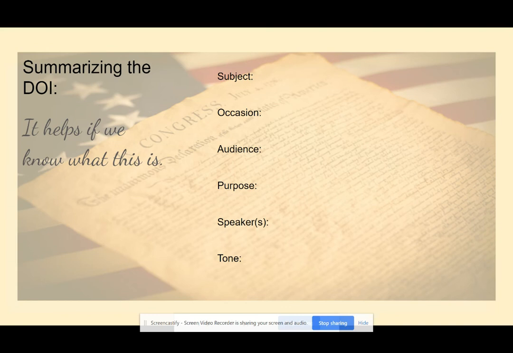People have specific reasons why they write, and it's because of something that has happened. That's what's known as the rhetorical situation: what has happened in the world or around you that prompts you to write something. So in this case, what was the occasion? Why did they finally have to write it?